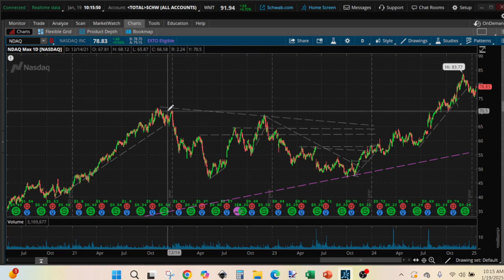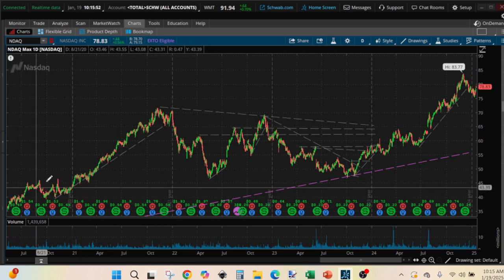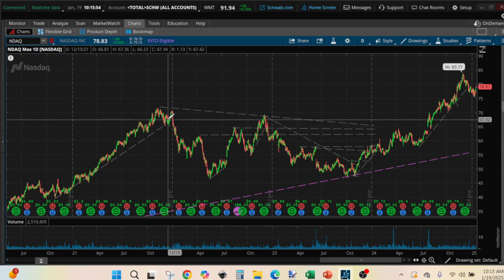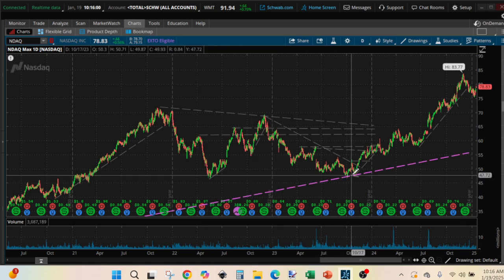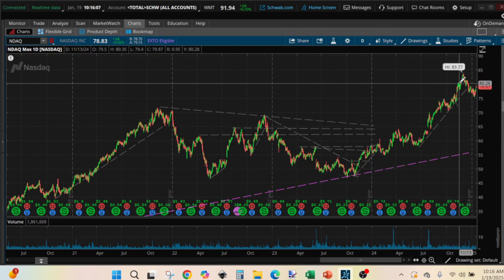It climbed up. In fact, it started before that, climbed up, and then took almost 2 years to reach this trend line again, and then started going up from there.